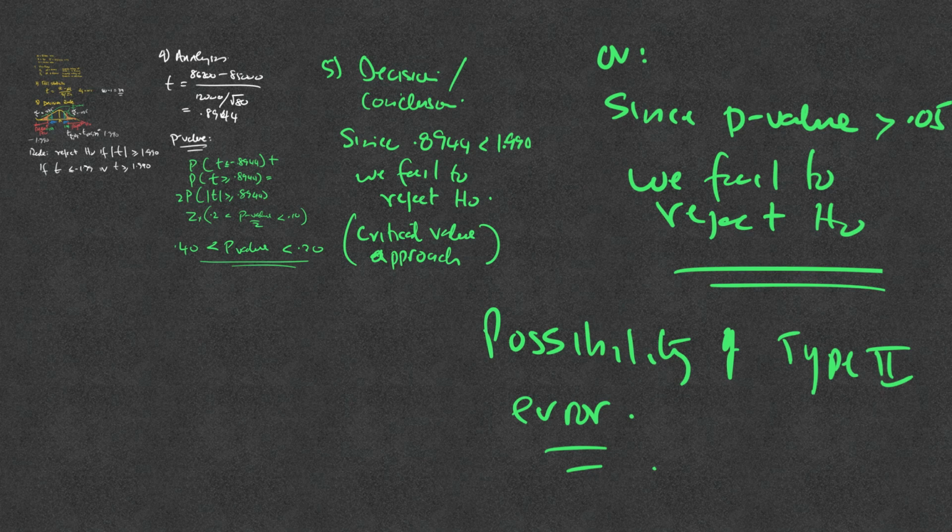If you go one step further and ask what's the probability associated with that sample, then that probability compared to alpha gives you the p-value approach, okay? And remember, with the p-value approach, you want to take less risk than alpha. So if your p-value is less than alpha, you reject the null hypothesis. If it is not, you fail to reject the null hypothesis, all right?